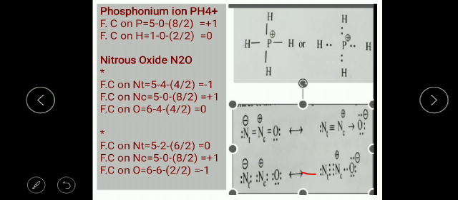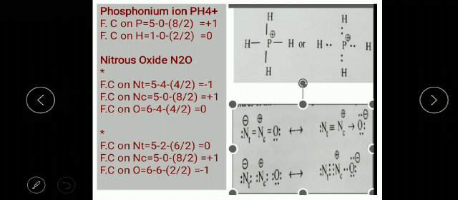Then the formal charge on this Nc: 5 because valency, minus 0 because there is no lone pair, minus 8 because these 6 and these 2 are bond pairs, divided by 2, so it creates plus 1 charge.